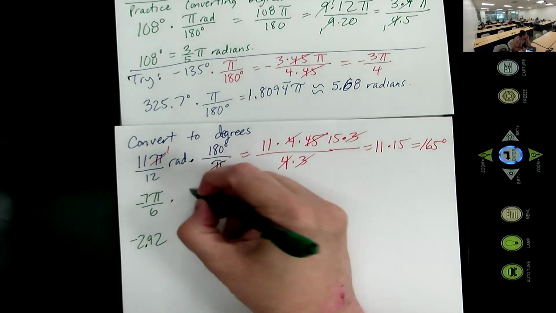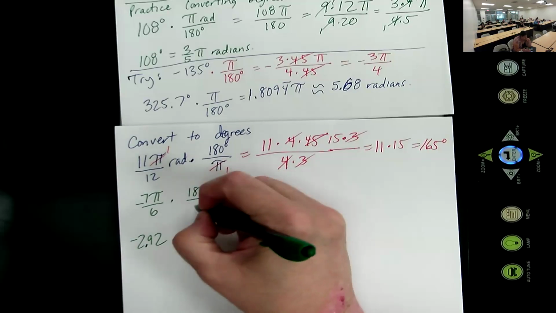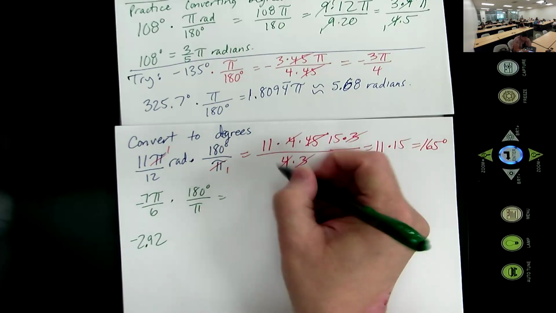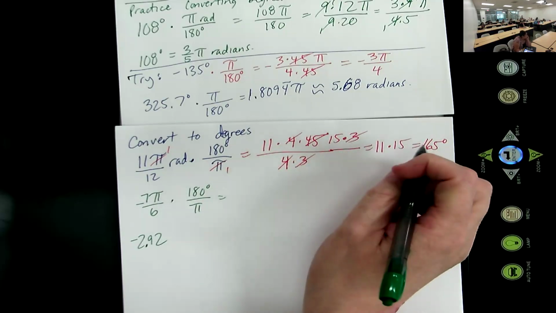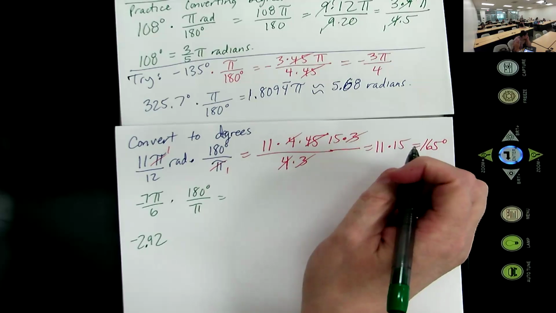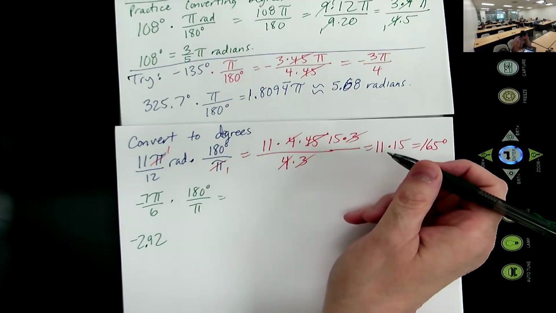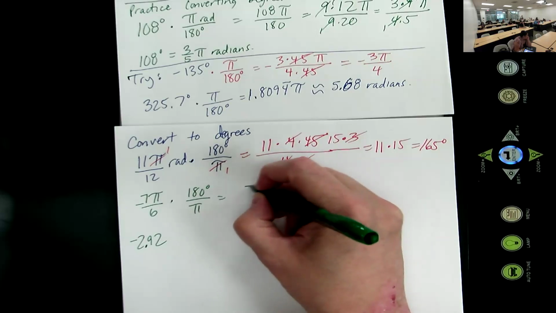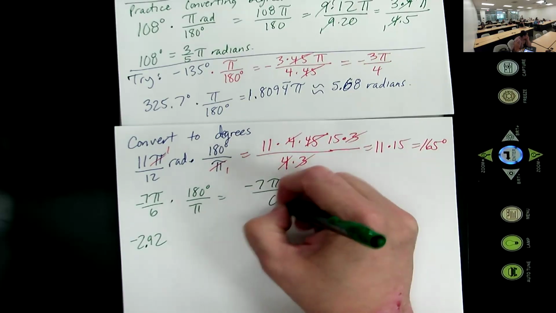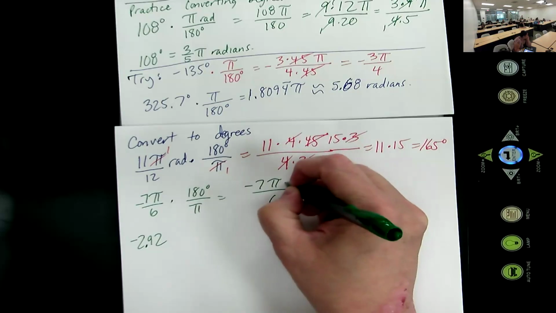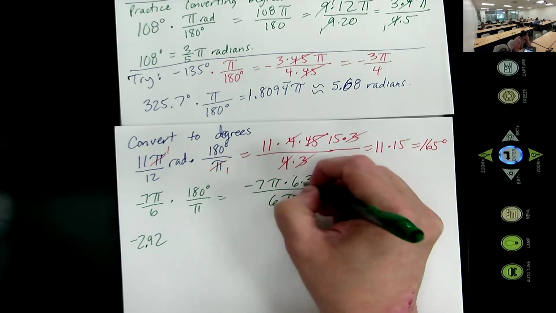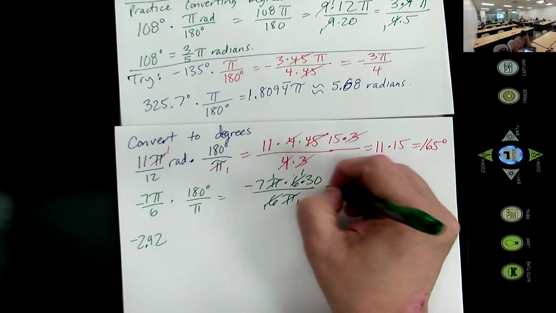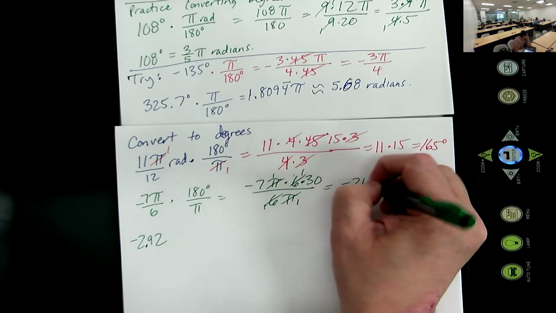So we multiply by 180 over pi. What did you guys get? -210. Did anyone else get -210? The pi's are gonna cancel, and 180 is 6 times 30. So the 6's cancel, the pi's cancel. We've got -7 times 30 is -210.